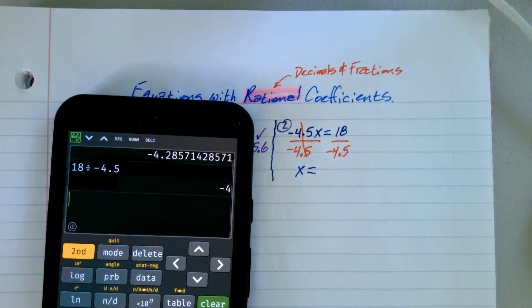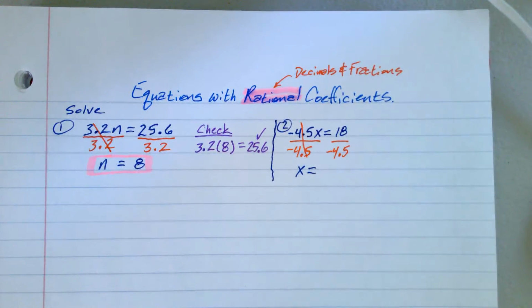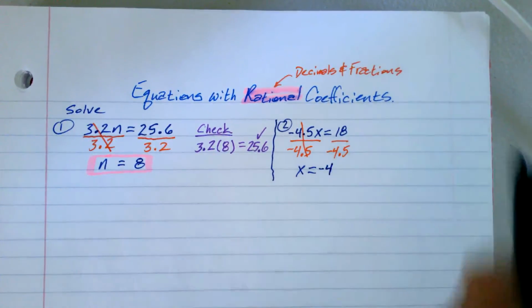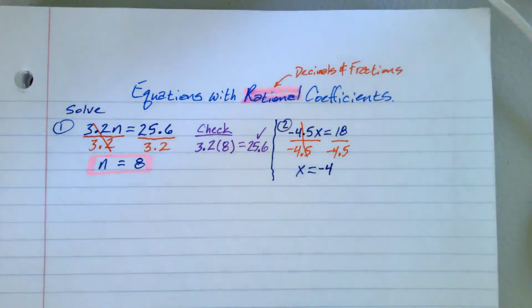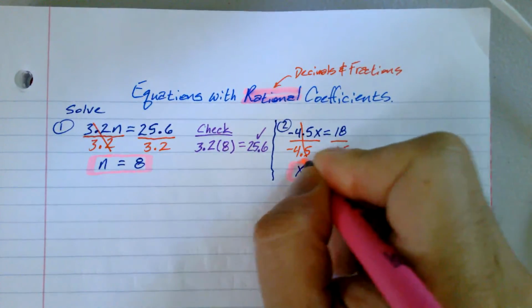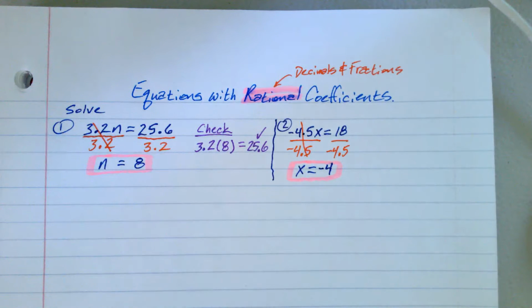And I get negative 4. Okay, so my claim is it's negative 4 as the answer. That's what I believe to be true. We really can't tell until we check. Okay, I got to show it in the notes though.